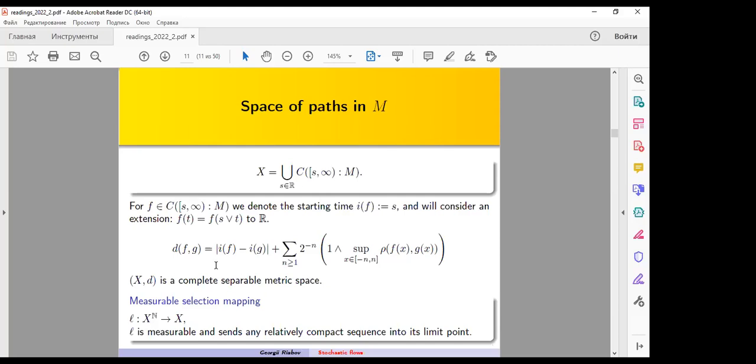Hence, in this space, we also have a measurable mapping that takes a sequence of trajectories and transforms it into one trajectory in such a way that a relatively compact sequence is transformed into its limit point.